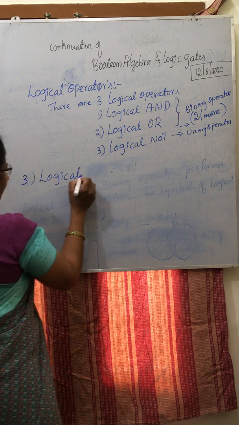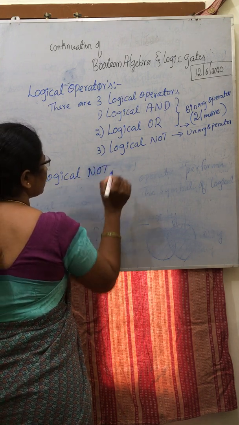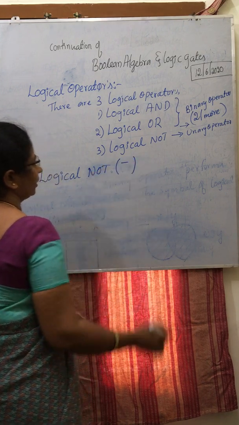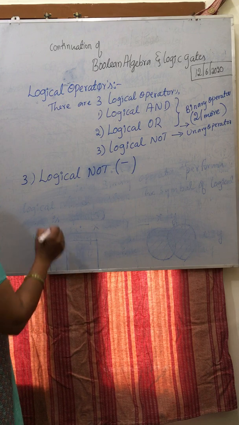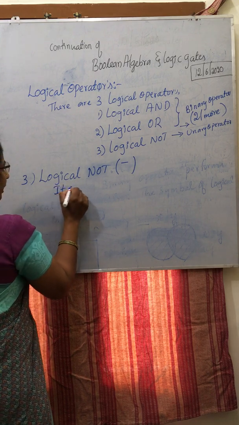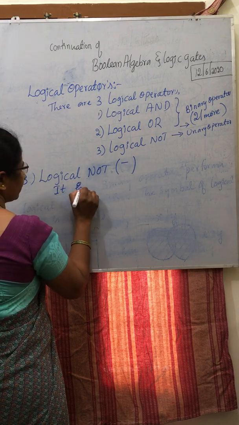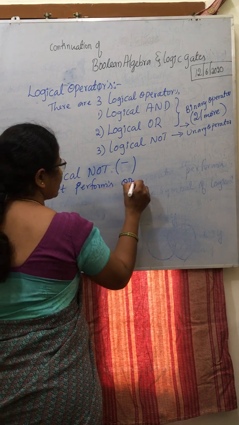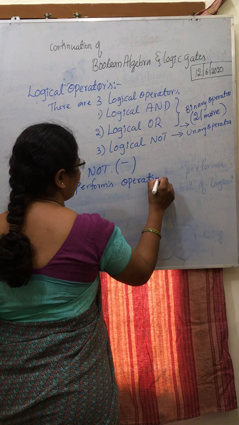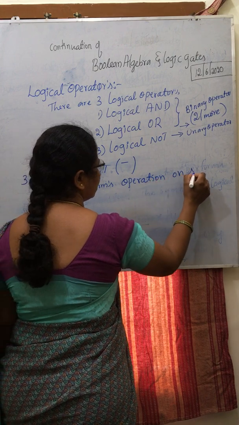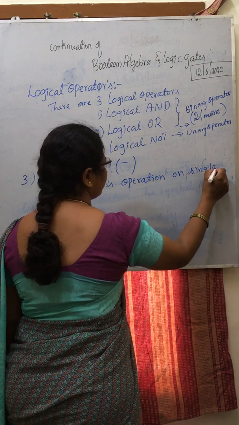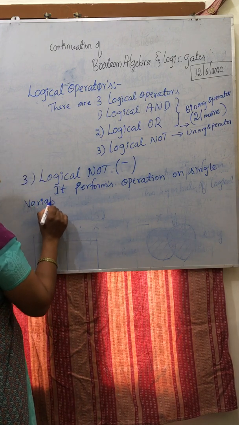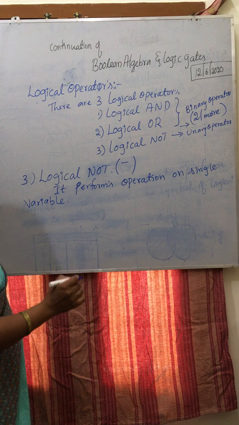The logical NOT is denoted by overbar. It performs operation on a single variable.